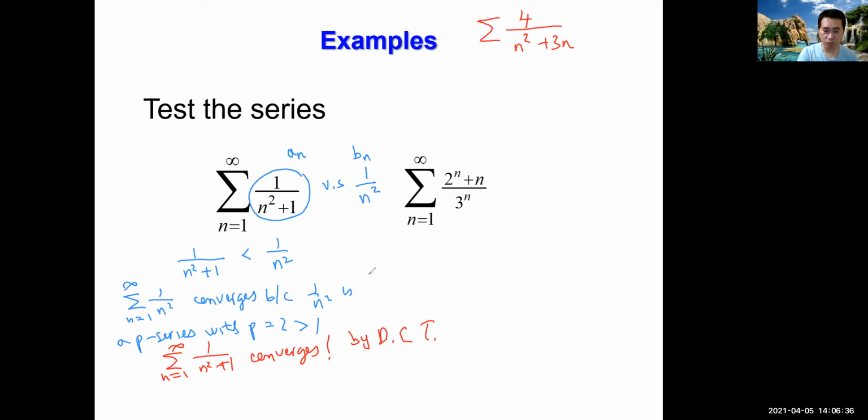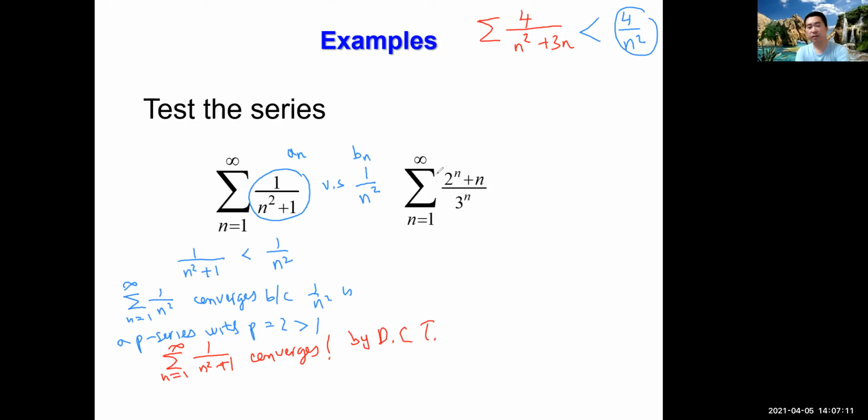So basically you drop the 3n. 3n is smaller than n squared when n is large. So if you drop 3n, it's left with 4 over n squared, and then compare these two to see which one's bigger. I guess this side is bigger because you have a larger denominator here. So you're going to come up with this. Okay, test this series, and then conclude about the series.